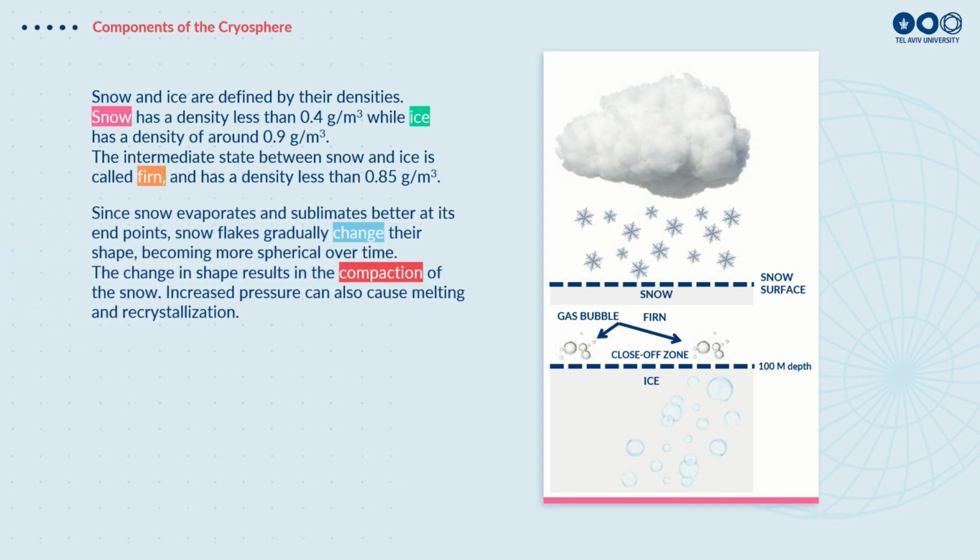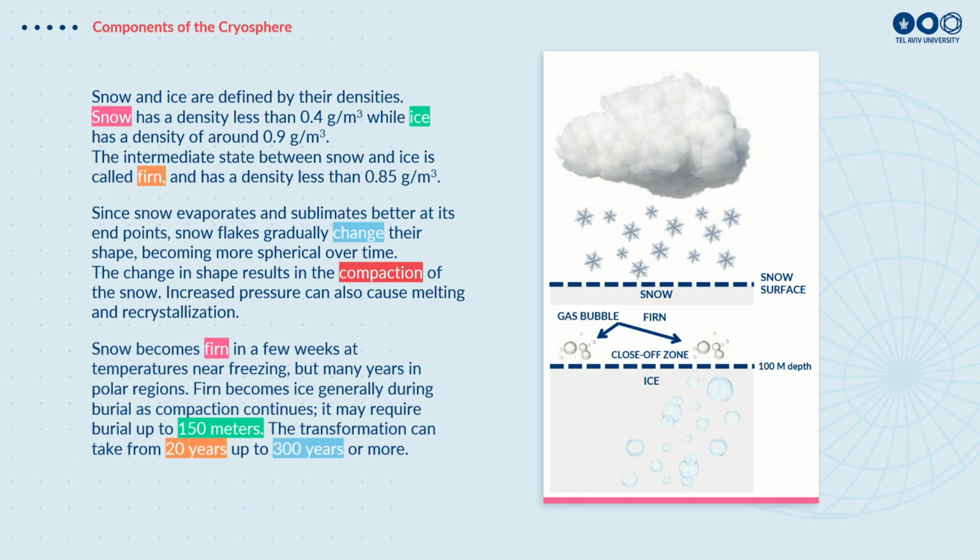As the snow also starts to evaporate or melt at the corners of the dendrites that you can see in the image, when it gets warmer in the day or between summer and winter, it becomes more and more spherical, which can also compact the snow into a denser form, giving us also higher density. Also, when we have melting of some of the snow and refreezing during the night or during the winter, we can produce ice.